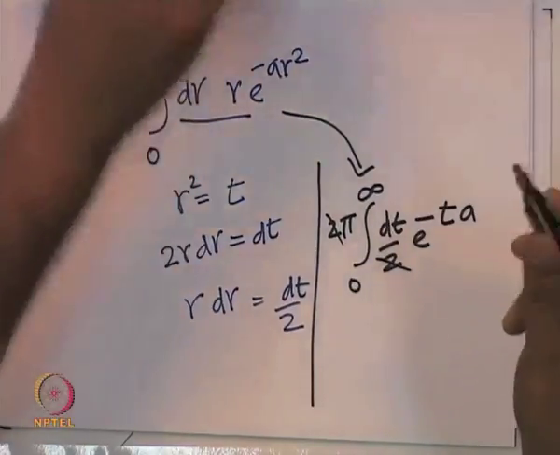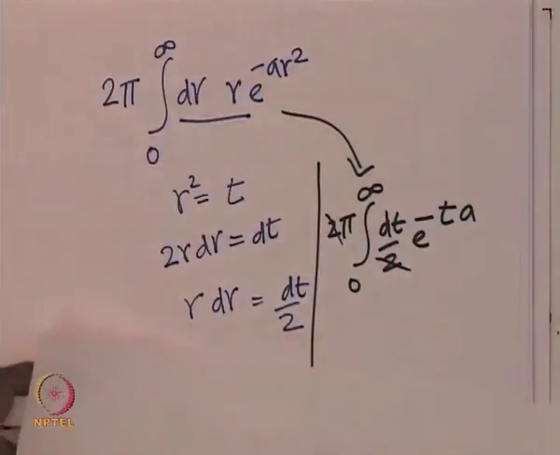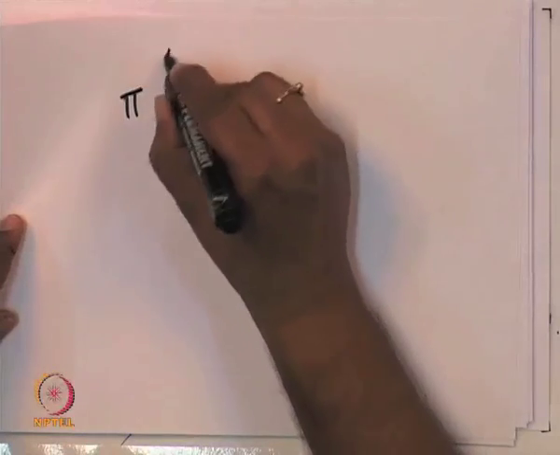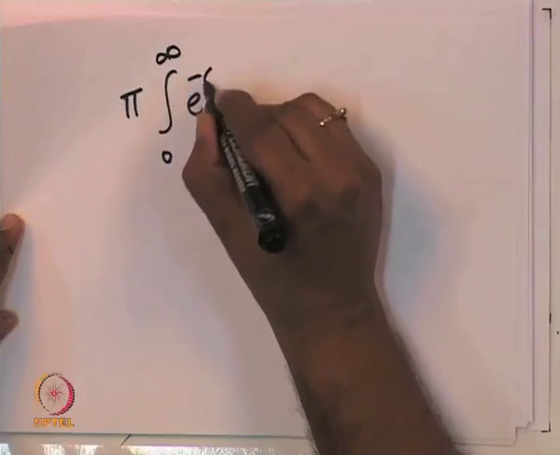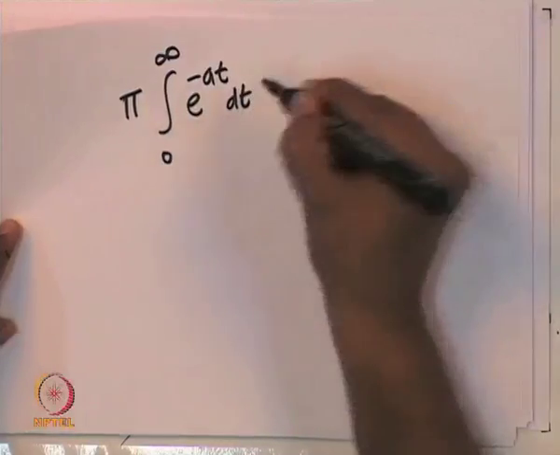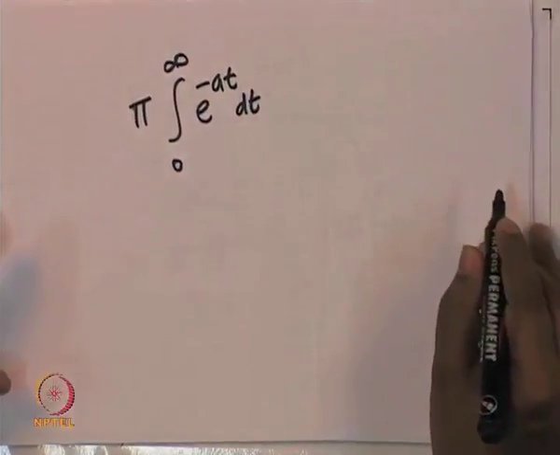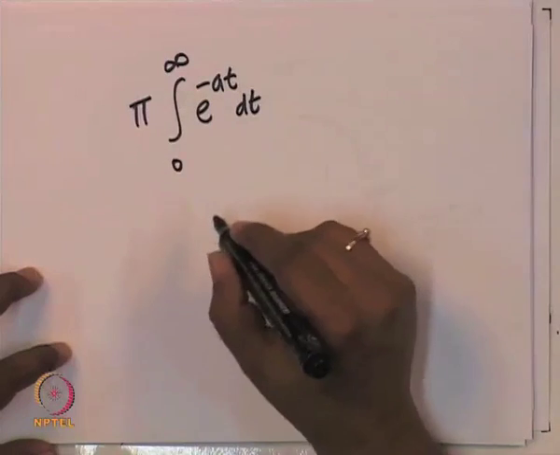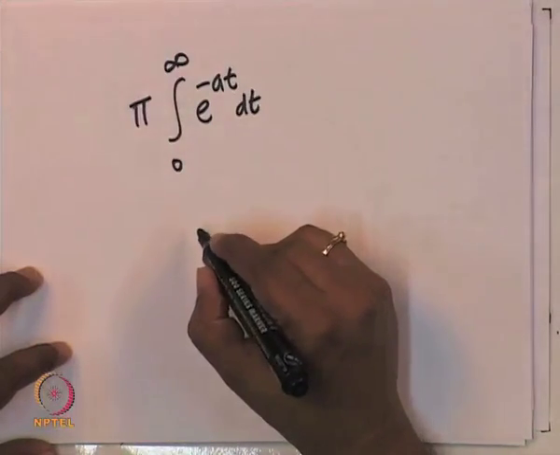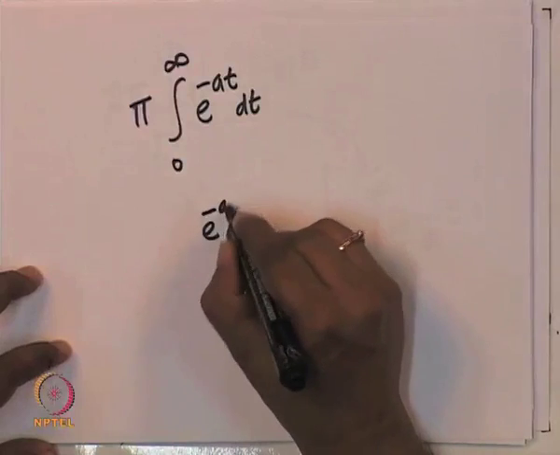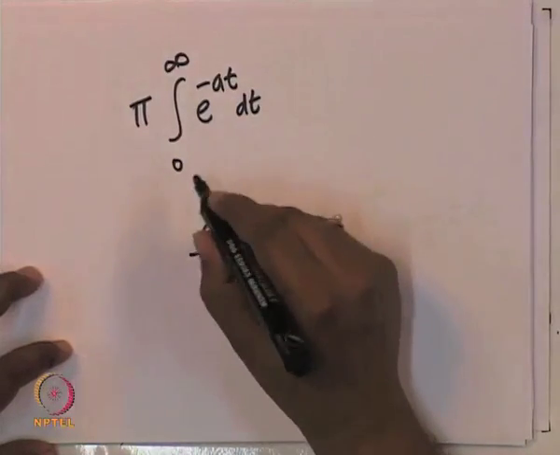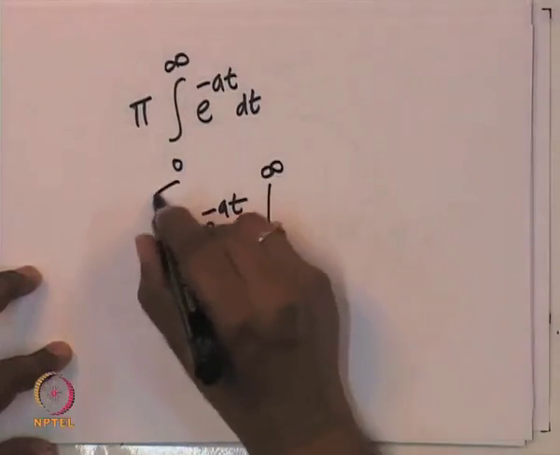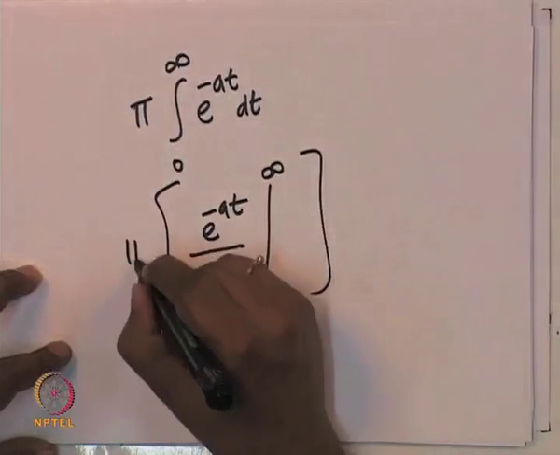This is an easy integral to do. What we end up with is pi times the integral from 0 to infinity of e power minus a t dt. This is an easy integral that we all know: the integral of e power minus a t is e power minus a t divided by a, in the limit 0 to infinity, and you have pi here.